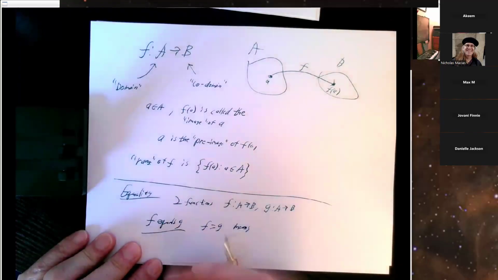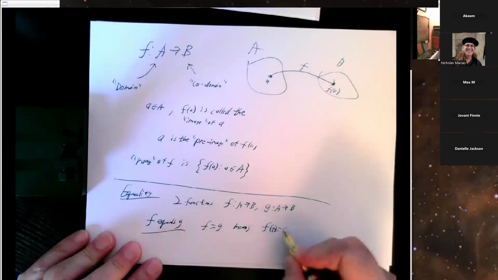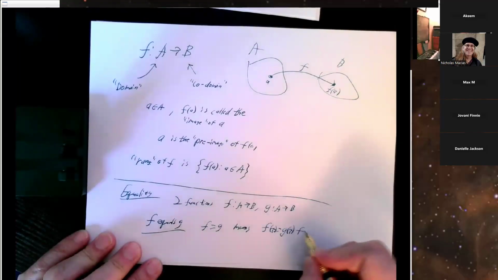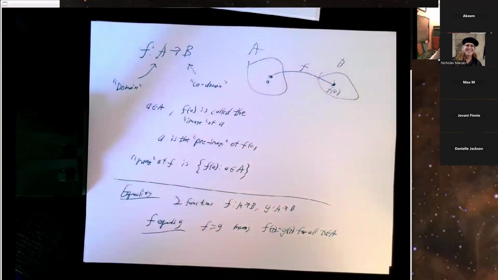This means the functions are equal everywhere. So f of x equals g of x for all x in the set A. So kind of what you would hope equality means. Two functions are equal if they have exactly the same value everywhere.